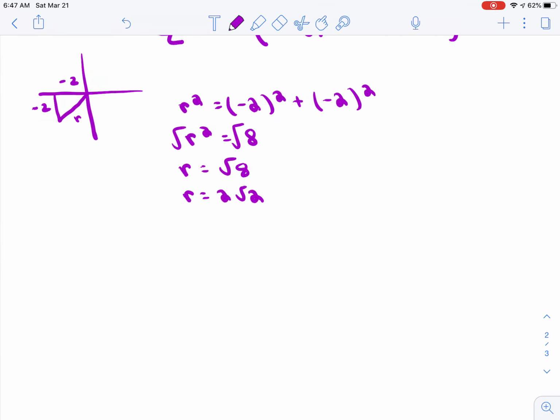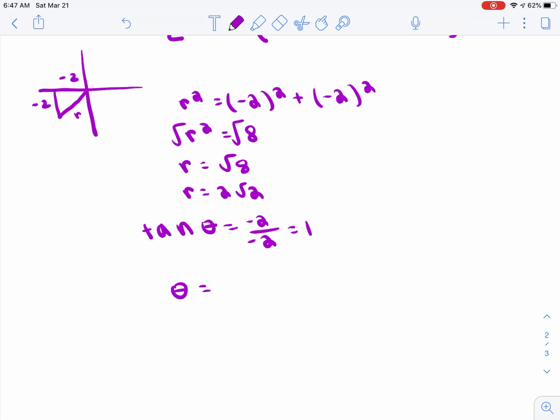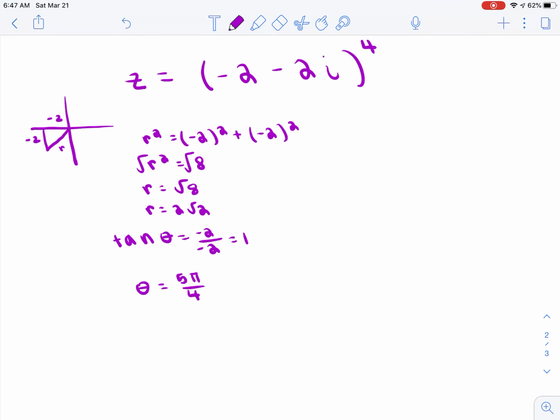And then your angle here, remember we're in quadrant 3, the tangent of theta is going to be negative 2 over negative 2, or 1, but a common mistake is people say pi over 4, but forget that we're in the 3rd quadrant. So remember that to be in the 3rd quadrant, we're going to use 5 pi over 4 for this.